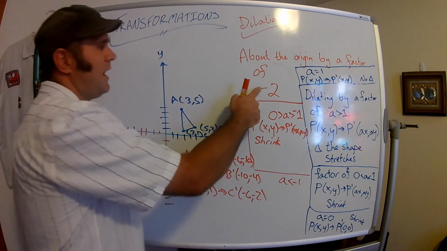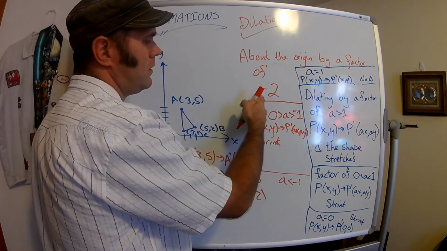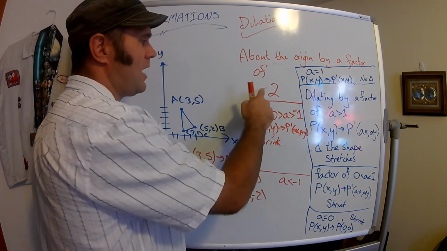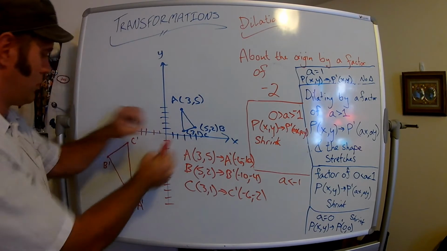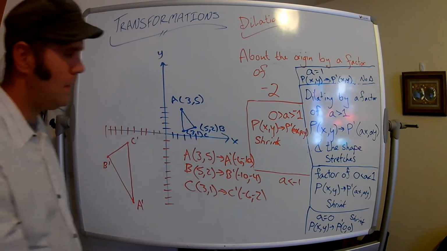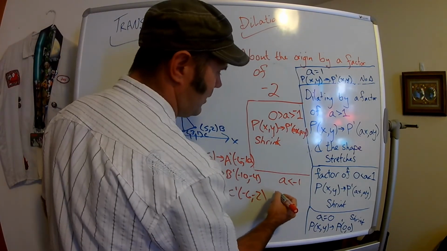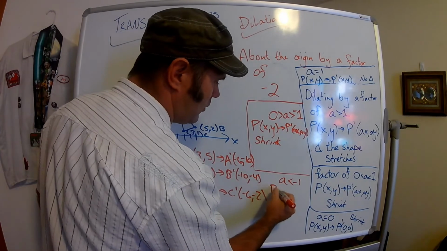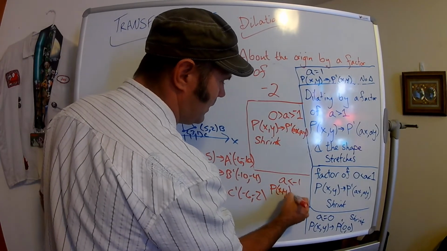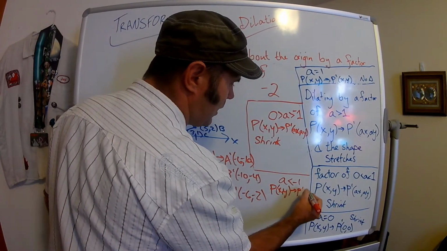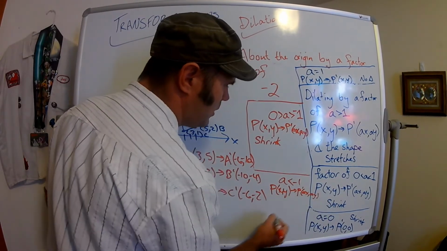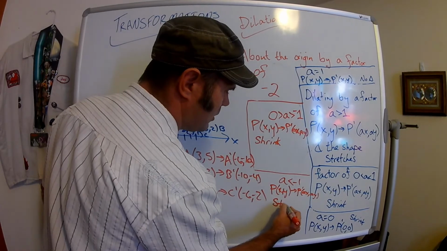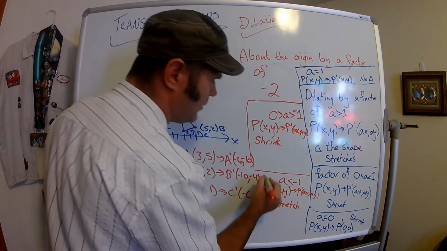So a factor less than -1, which -2 is, actually does grow your shape. Okay? So this is a stretch, and of course P x, y becomes P prime Ax, Ay, and it is a stretch because it did grow.